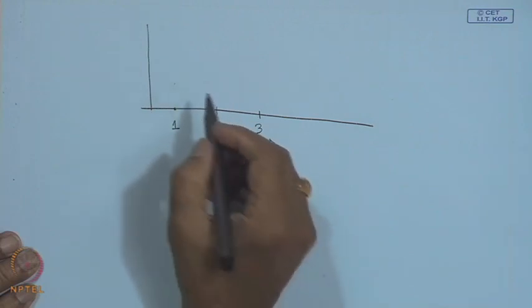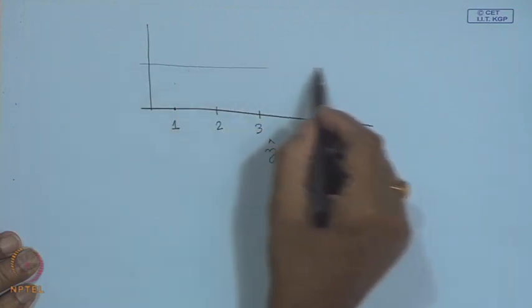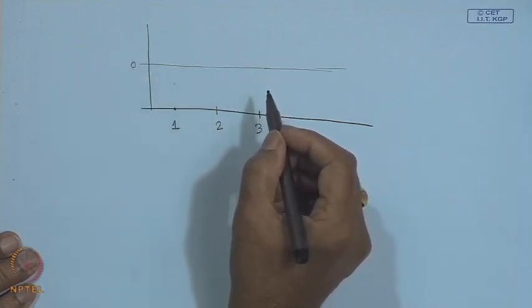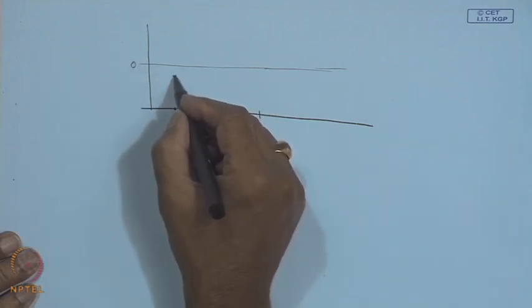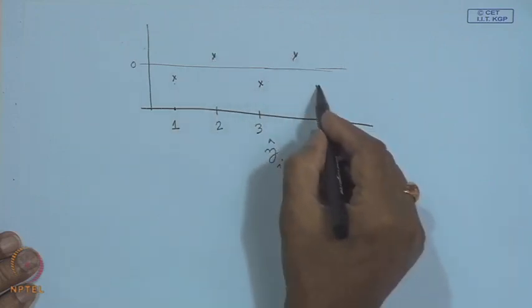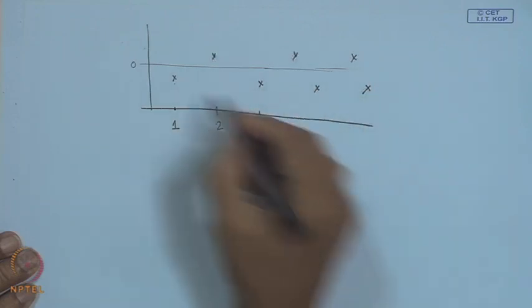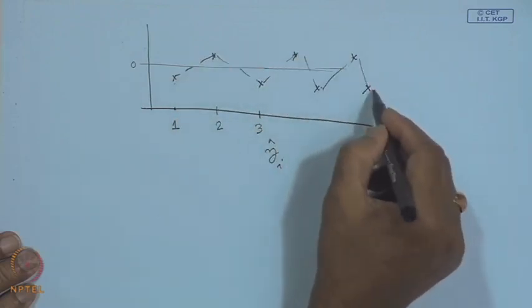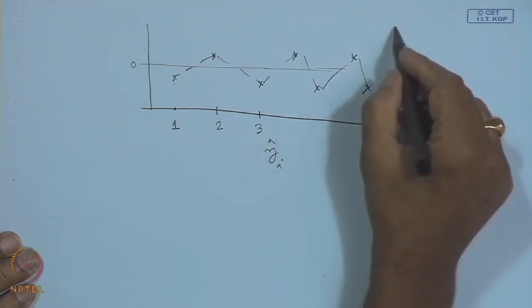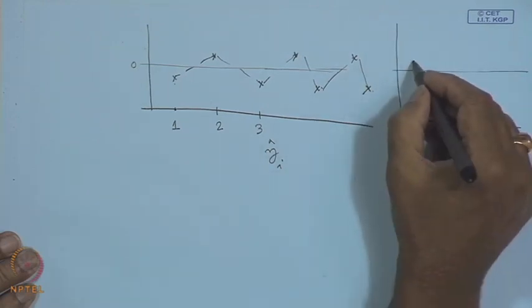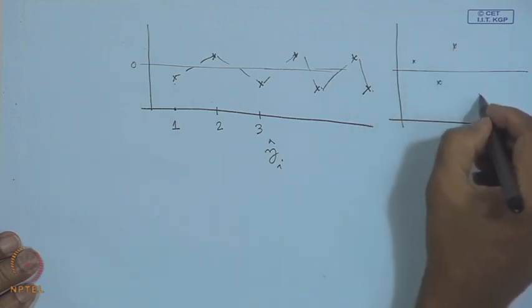The errors, some will be positive, some will be negative. Let us say that the values are like this. Now, you can see that there is a pattern, or normally, if there is a relationship, it will show a pattern such as this, an increasing pattern.